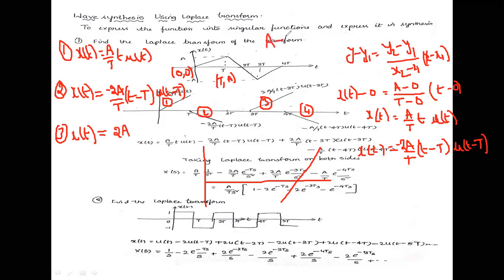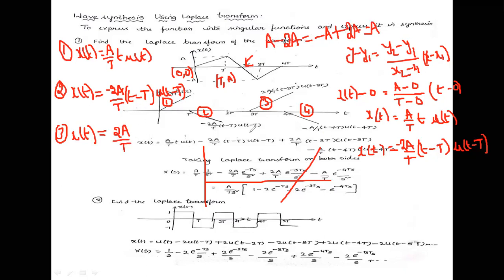I'm adding the minus 2A, it becomes minus A. This slope is minus A by T. And this minus A becomes plus A. How? Adding the 2A to it, it becomes the A value.